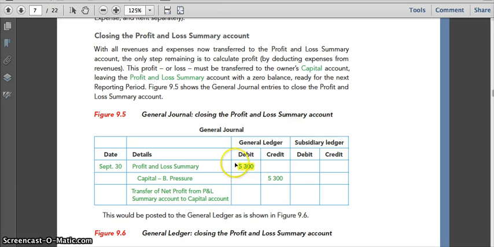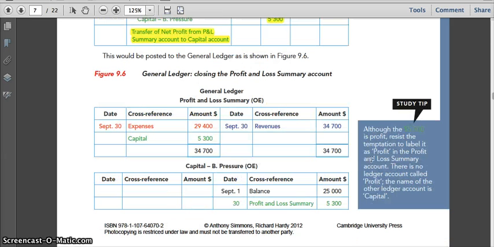That is debited from the profit and loss summary account and credited to the capital account. This is the transfer of net profit from the summary account into the capital account, or the owner's equity. And this is how that looks here.